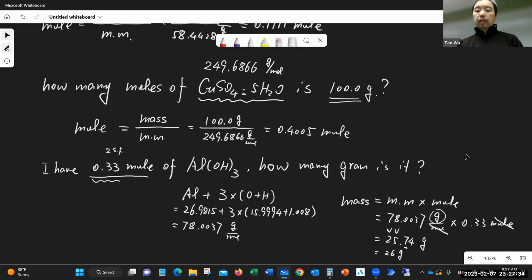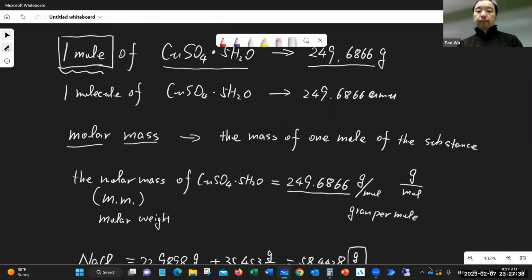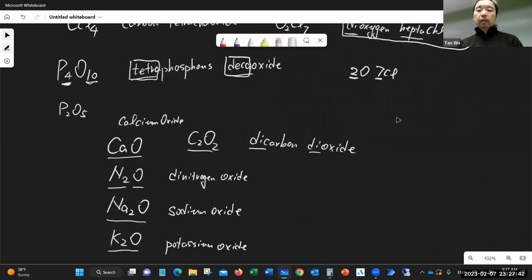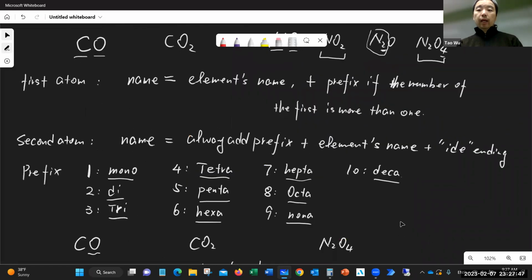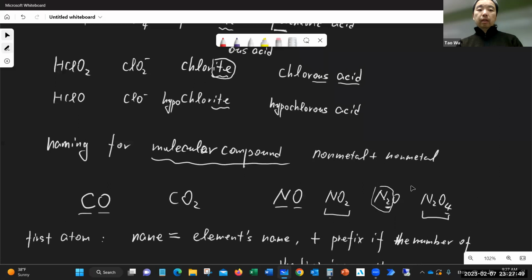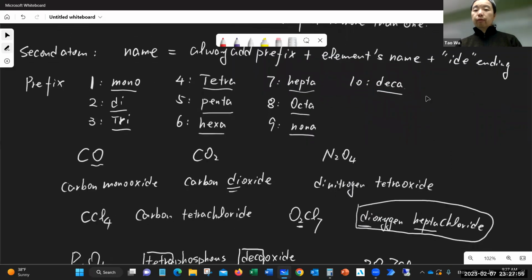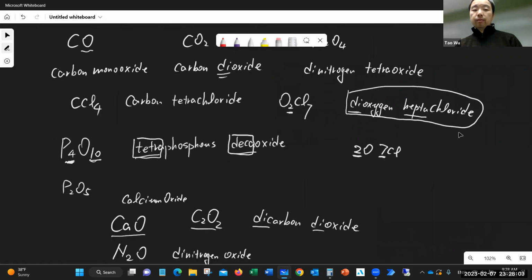So first, let's summarize what we learned today. We talked about naming for the acids. We talked about the names of molecular compounds, where you need to add the prefix. Hopefully you can still remember the prefixes and the numbers that go with them.